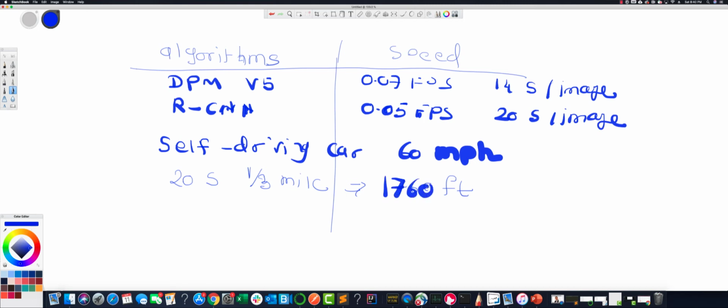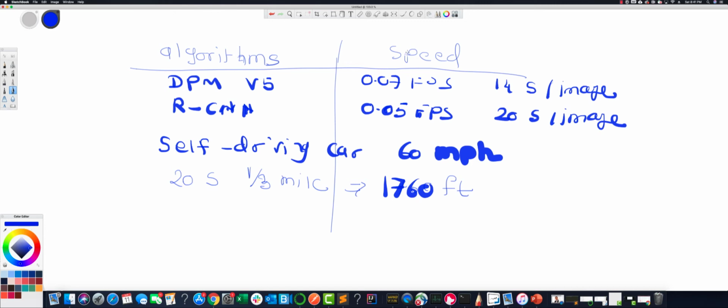So this is not good enough, because on a typical highway, the distance between adjacent cars is probably less than 10 feet. So the chance of collision is very high. That's why we need an algorithm which can detect objects very fast.